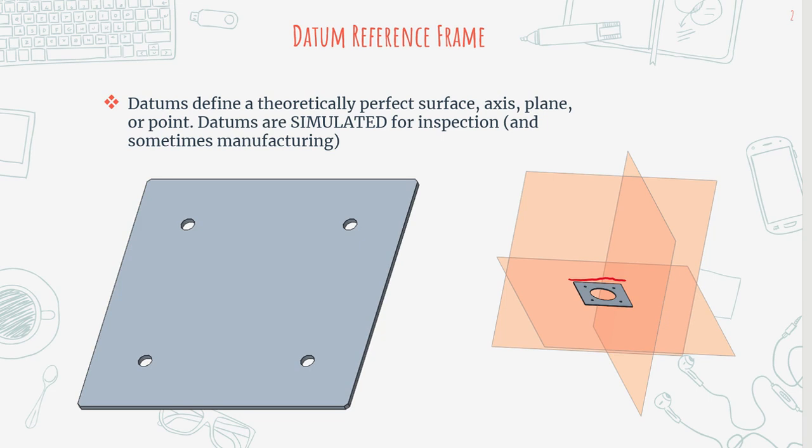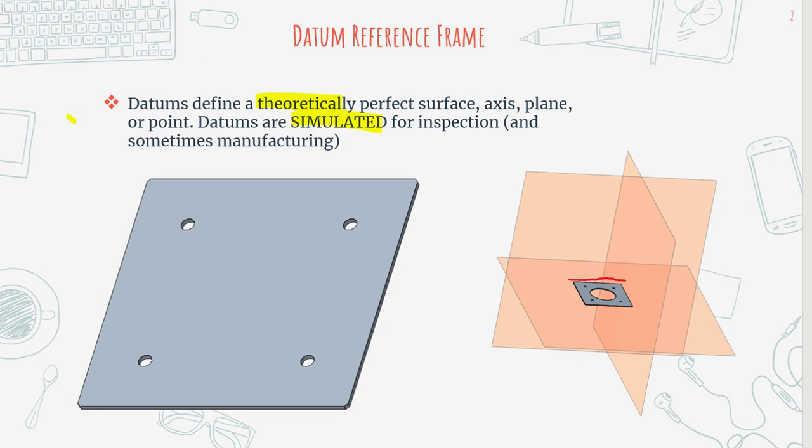So what exactly is a datum? Well, a datum is a theoretically perfect surface, axis, plane, or point. The key here is that datums are theoretical and they are simulated.